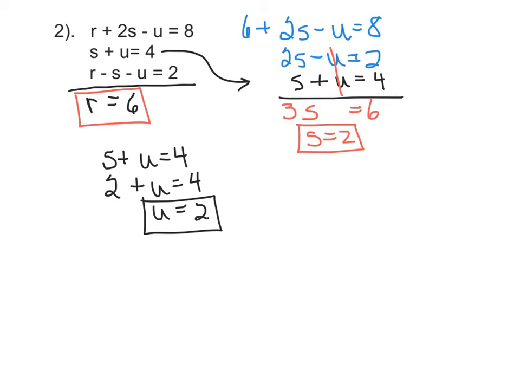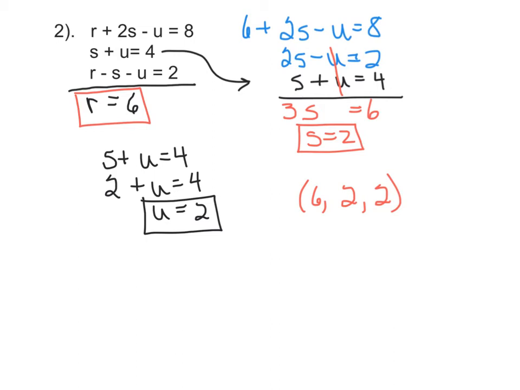Now again, you can write your answers in alphabetical order as far as solutions. So r comes first with a 6, s comes second with a 2, and u comes last also with a 2. If you go back and substitute those values into any of the 3 original equations, you should get a correct solution.